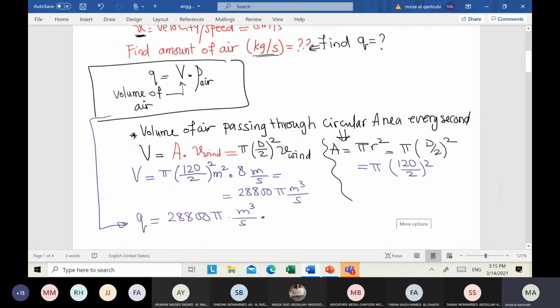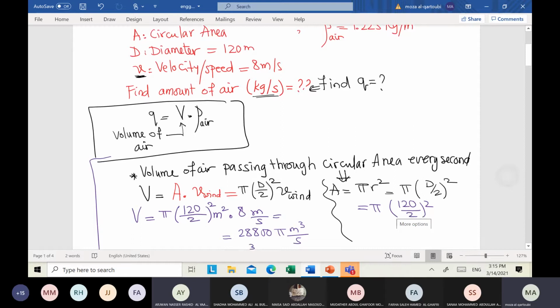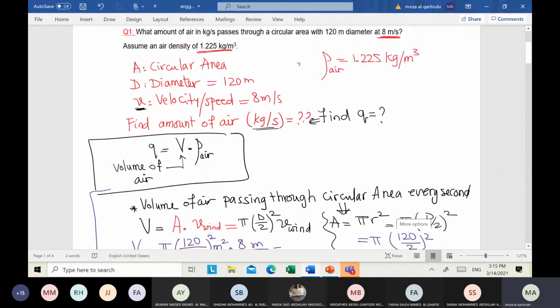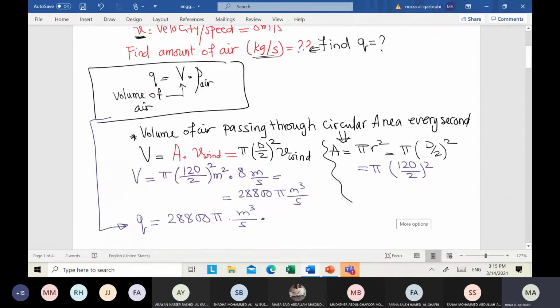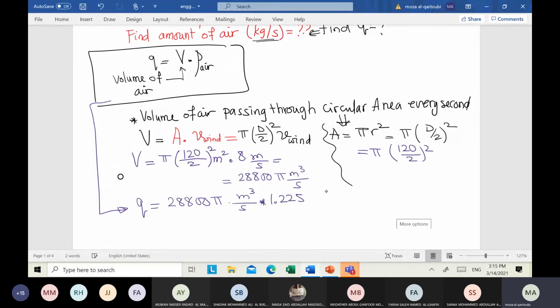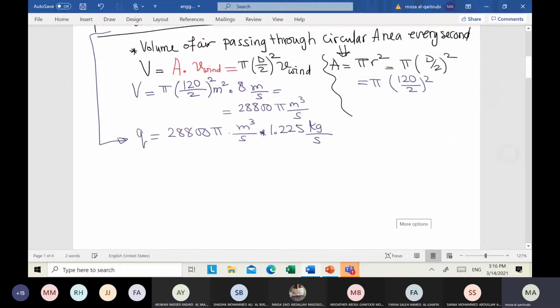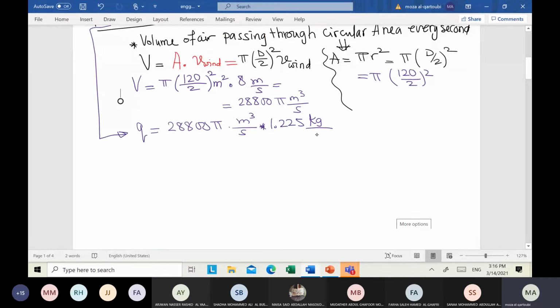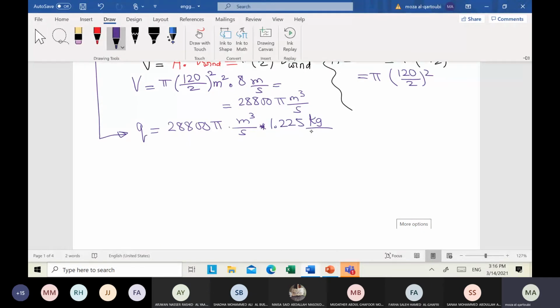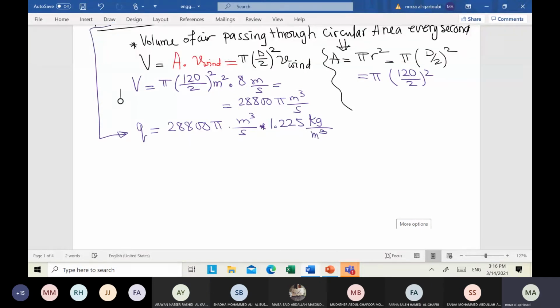The density of air is given as 1.225, in unit kilogram per meter cubed. So meter cubed will cancel with meter cubed, and we will find the value of Q in kilogram per second.